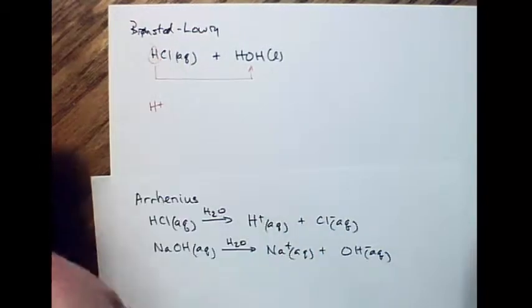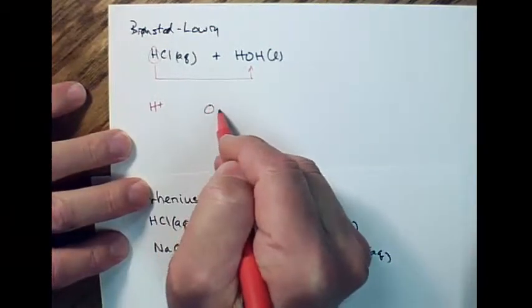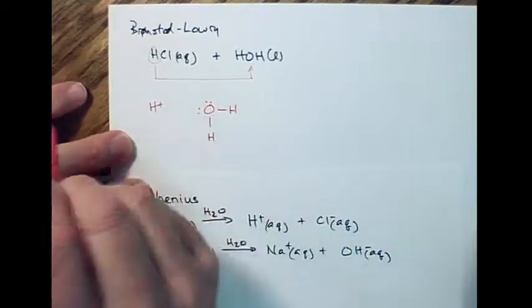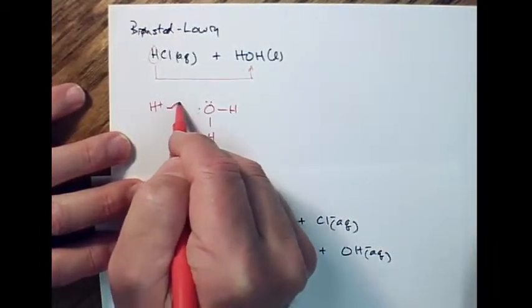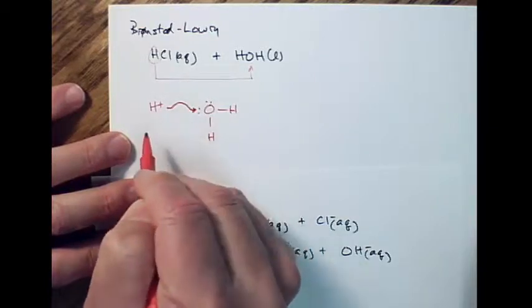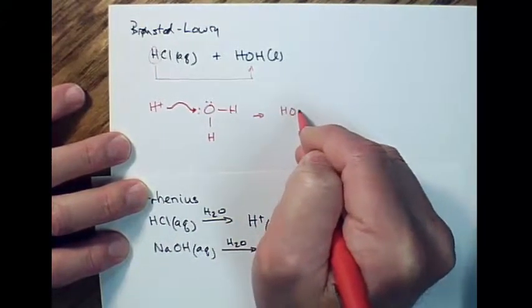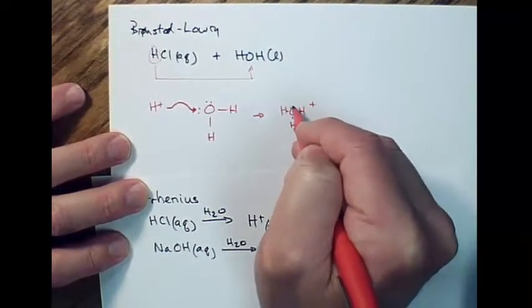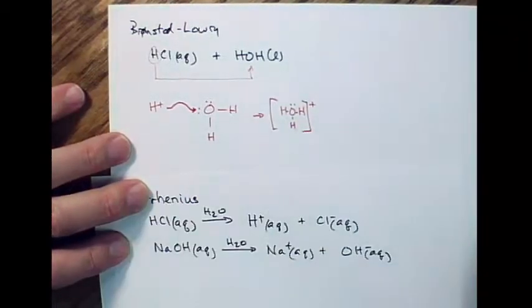If we were writing the Lewis dot formula for this, we'd see that. Well, the water has a couple of lone pairs to spare. Hydrogen wants a pair of electrons, and it can get it by covalently bonding right there. And we end up with hydronium that is formed.